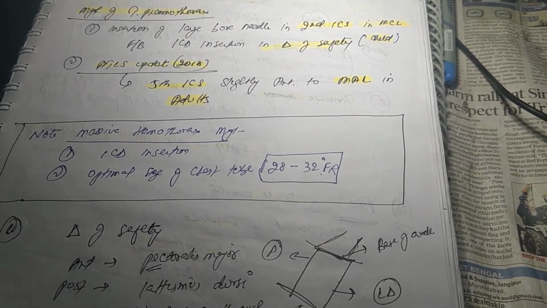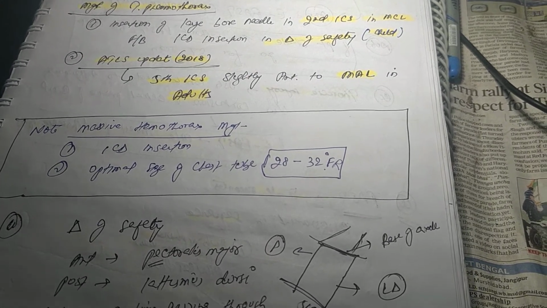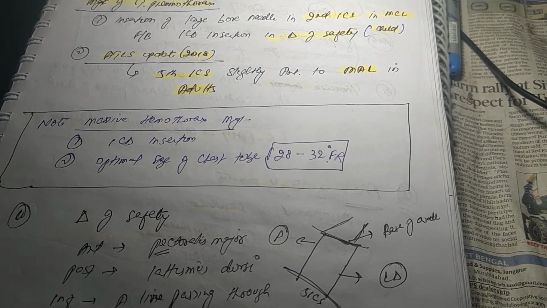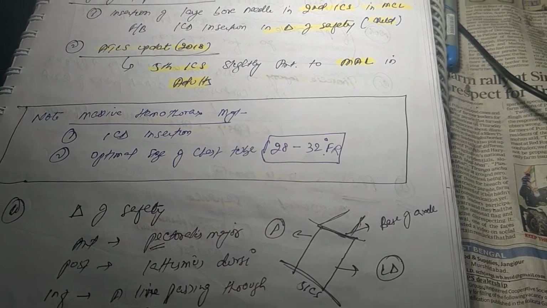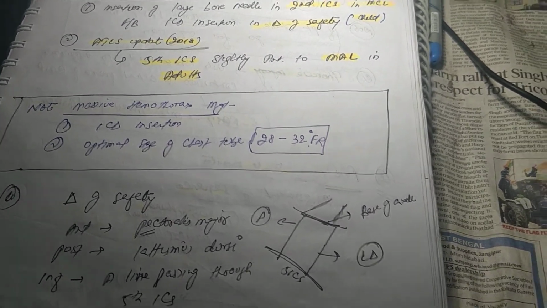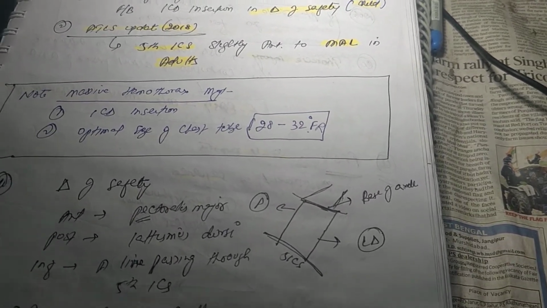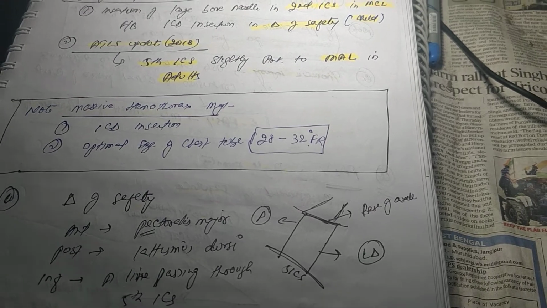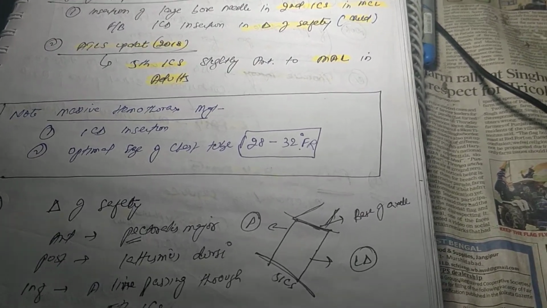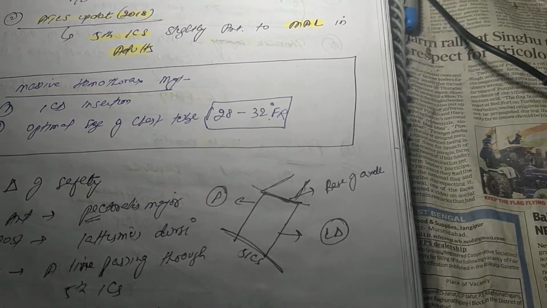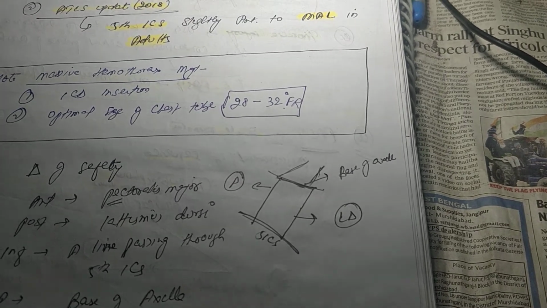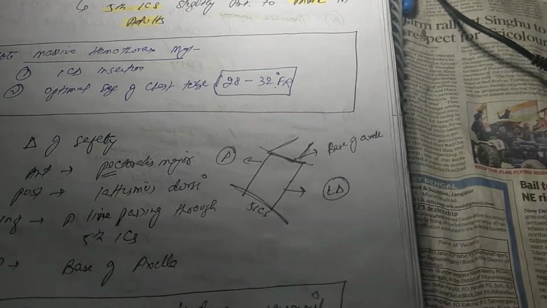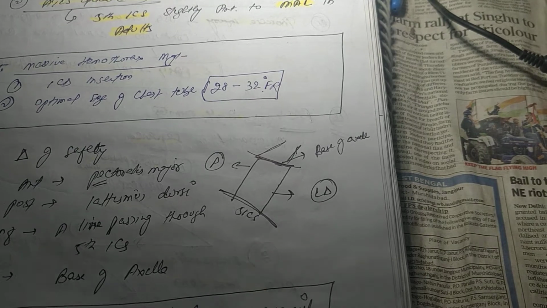According to ATLS update 2018, it is the fifth intercostal space slightly anterior to mid axillary line in adults. I repeat, fifth intercostal space slightly anterior to mid axillary line in adults. But in case of the child, second intercostal space in mid clavicle line.